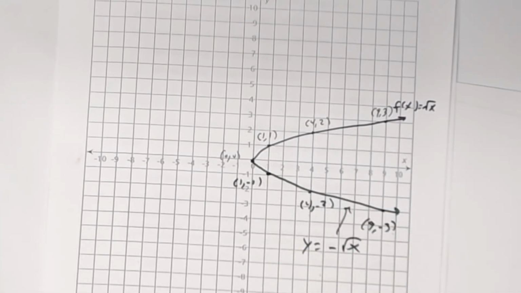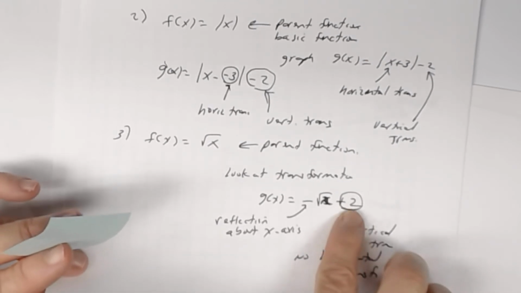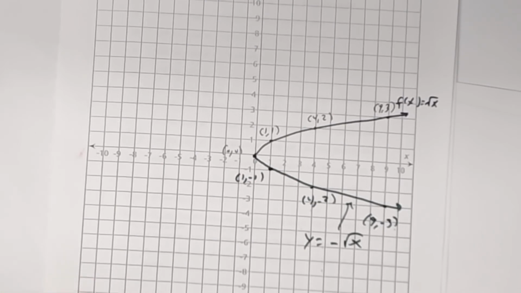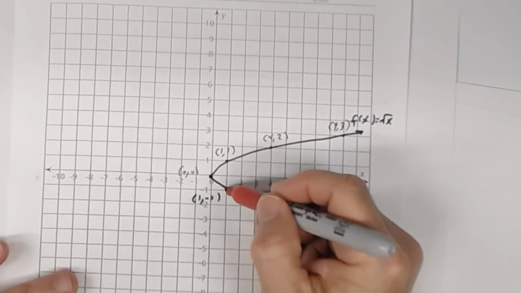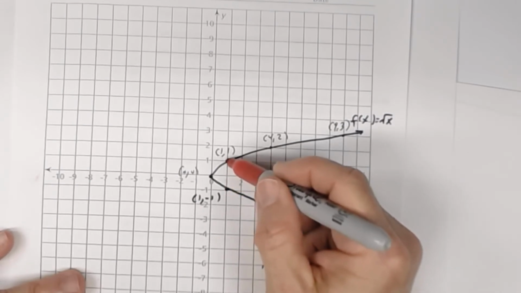All right, now what we're going to do next is shift it up 2 units. That's going to be my red graph. When I shift it up 2 units, I get 1, 2, like this.